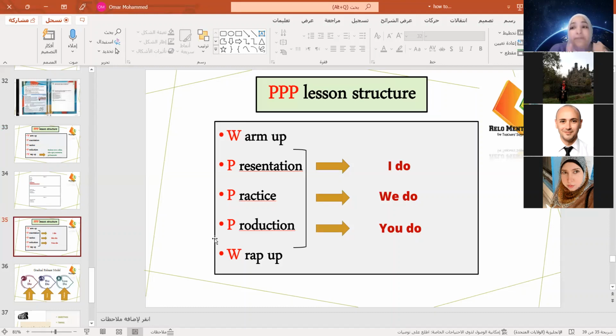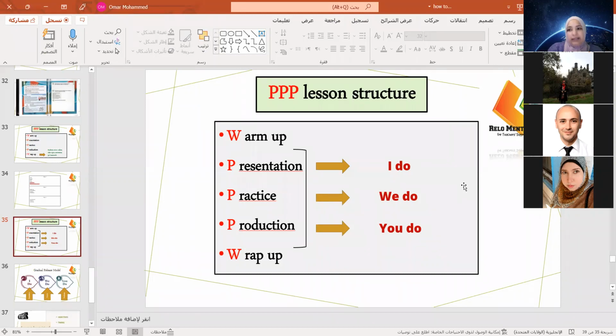It is very similar to another model, which is called gradual release, which consists of three stages: I do, we do, you do. I do, this is me, the teacher. I demonstrate in front of the students.